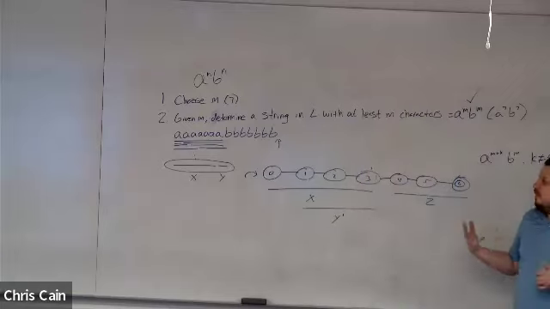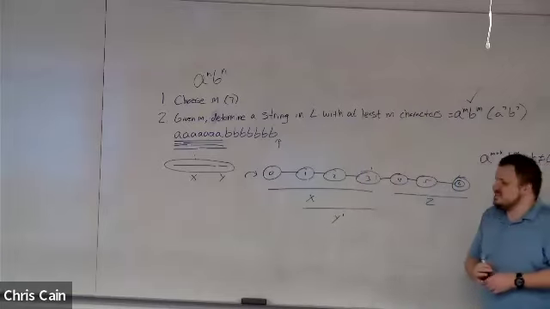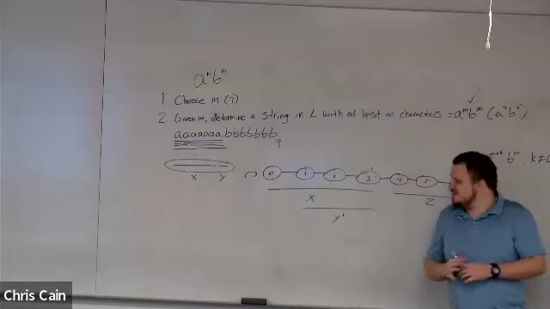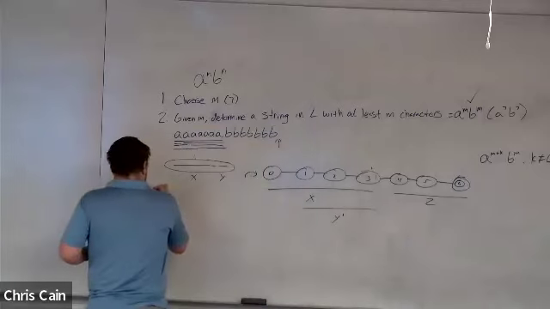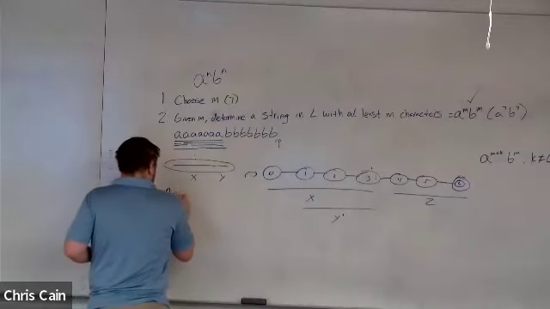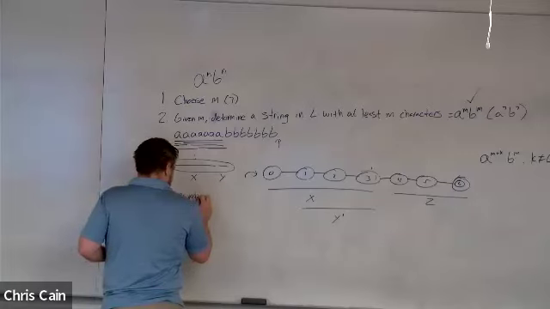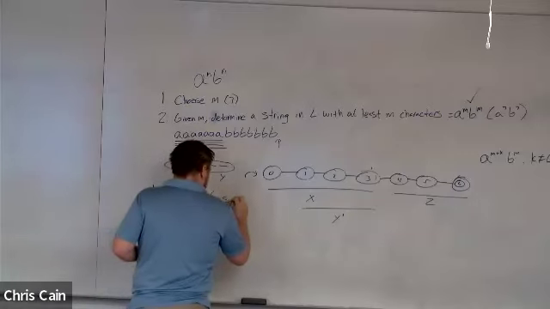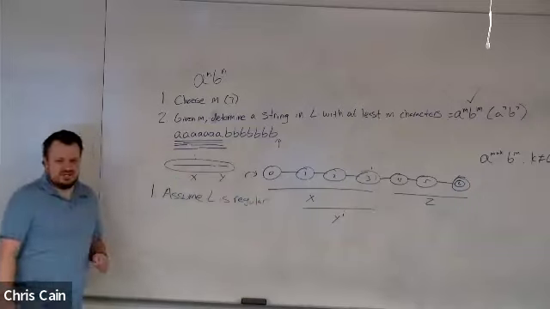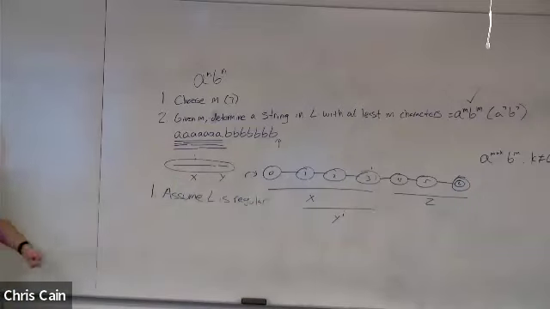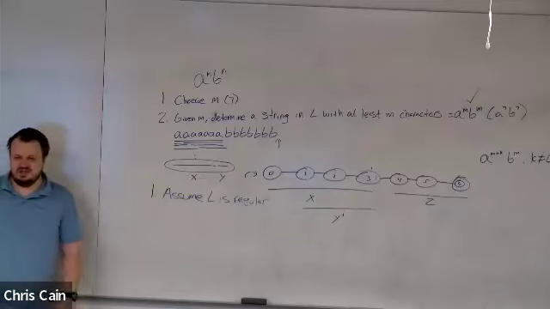But that's kind of the point of the proof by contradiction. I guess it's the one thing I haven't really gone over: the layout of the proof by contradiction. So we're assuming that L is regular. We know that it's not, because the entire reason I say something like prove this is not regular tells you that no DFA can exist and L is not regular.